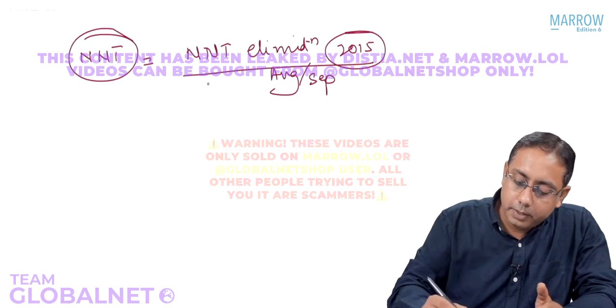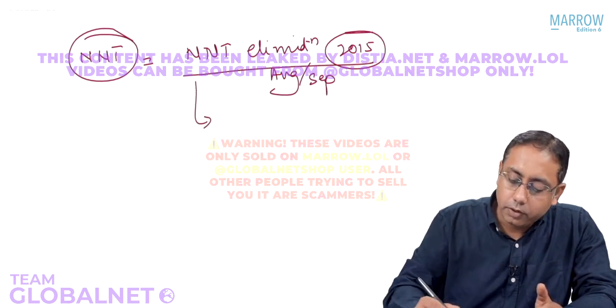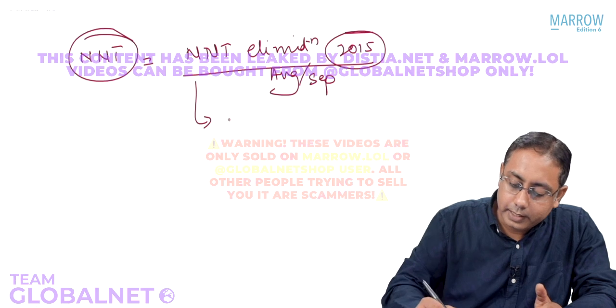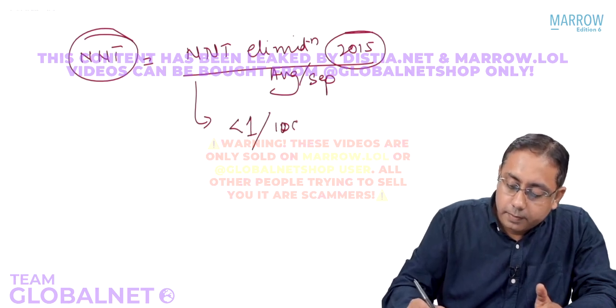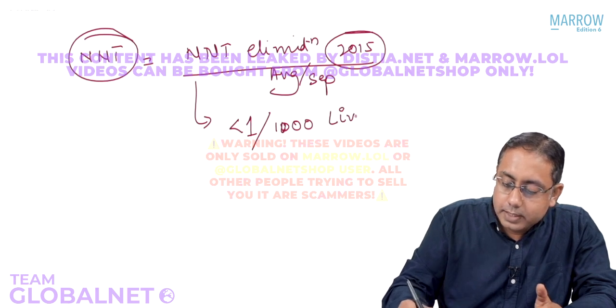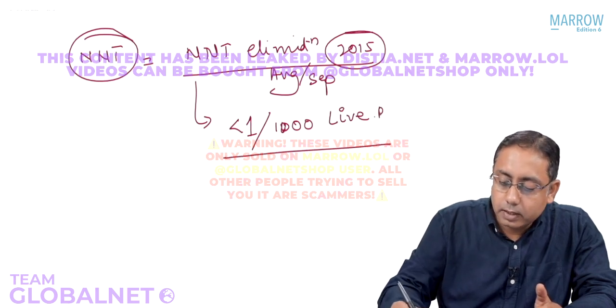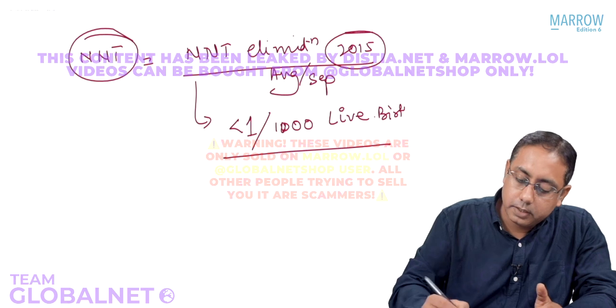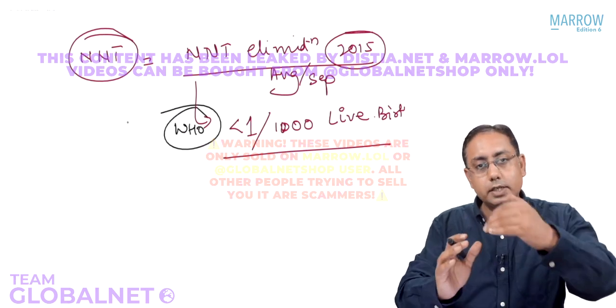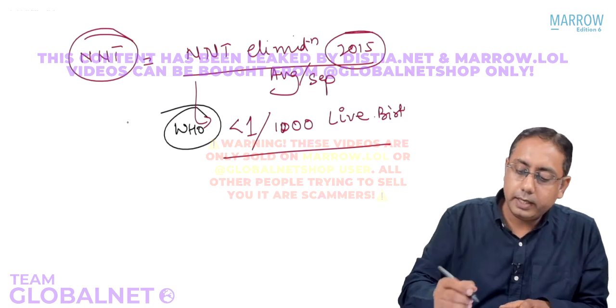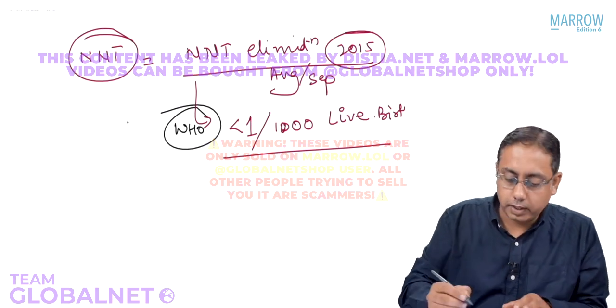What is the elimination level that we are talking of? If the neonatal tetanus is less than 1 case per 1,000 live births, as per the WHO criteria. So the WHO criteria for elimination is less than 1 case per 1,000. India achieved this in 2015.